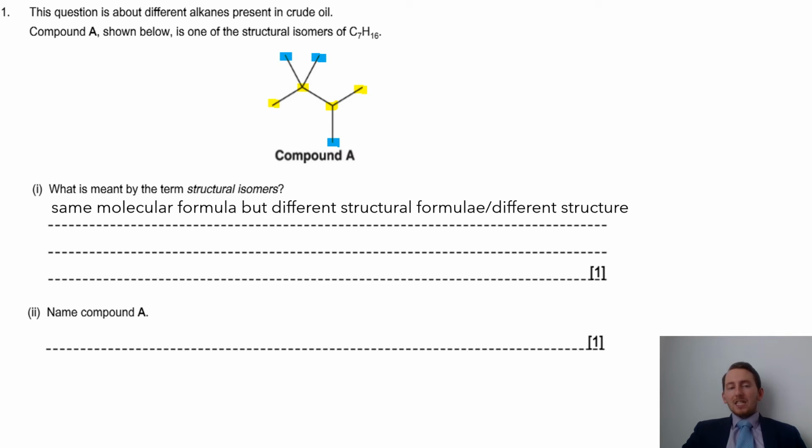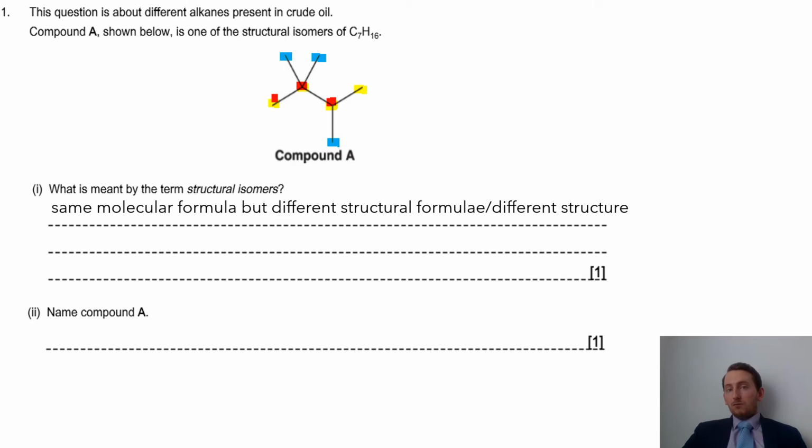Because I started counting from this left-hand side, I would then get 1, and then that would be the second carbon, and then the 3rd carbon. So that second carbon will get priority because I've got 2 groups on that second carbon rather than the 1 on the 3rd. So I'd start counting from the left, count from left to right.